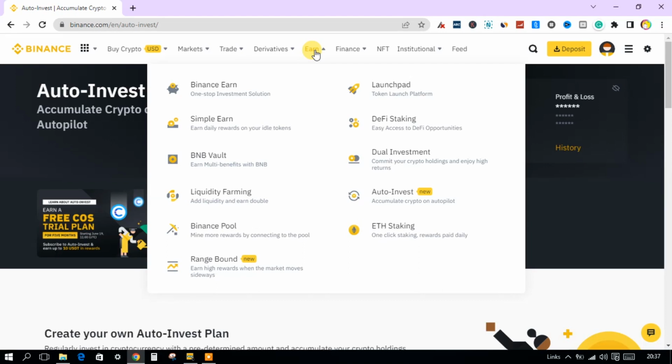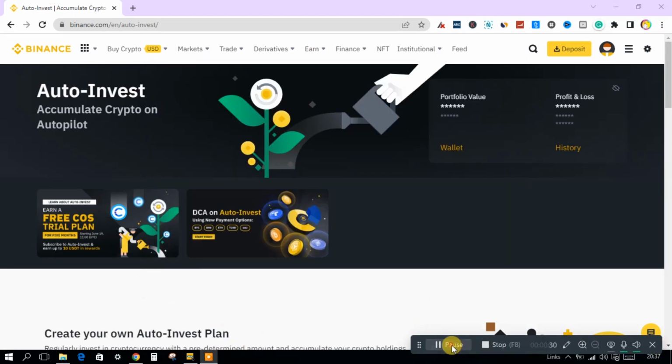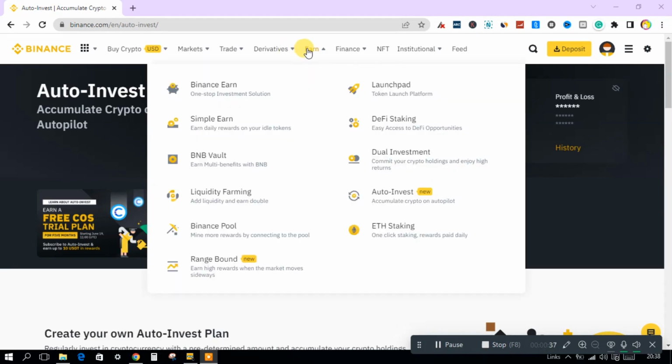Those of us using a computer can put your mouse pointer on N, and there is going to be a drop down menu which comprises Binance N, and then you click on Auto Invest, and it's going to take you straight to the dashboard of Auto Invest, where you can invest your money and then earn a commission on it.